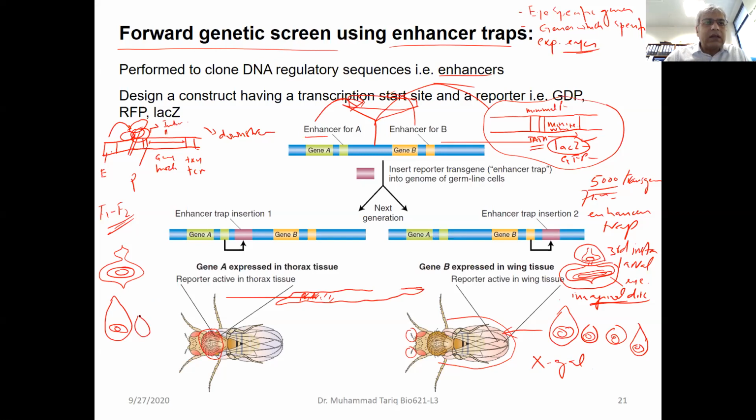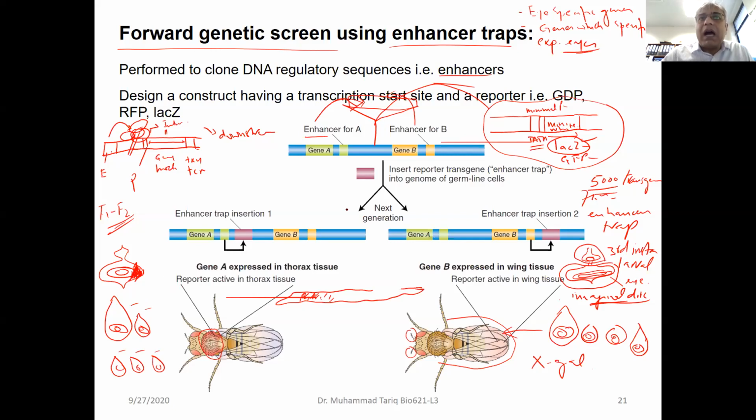This is the halter disc. You have the leg disc. You stained with X-gal. Let's see, we see blue staining, the lacZ staining pattern, here in the eye disc, just in this region and nowhere in other discs.